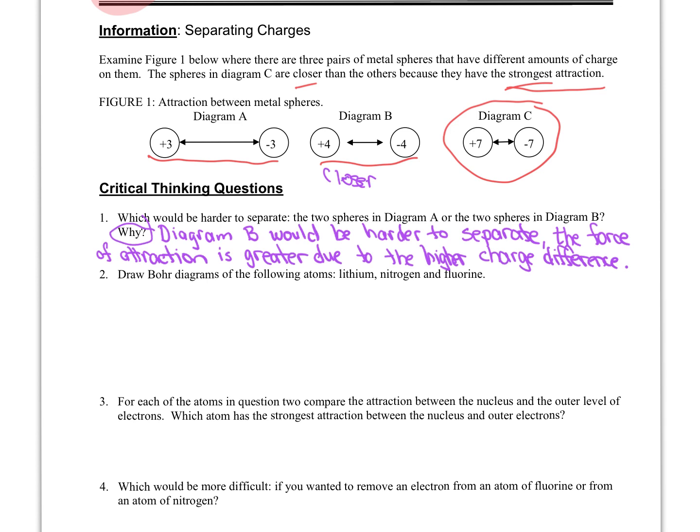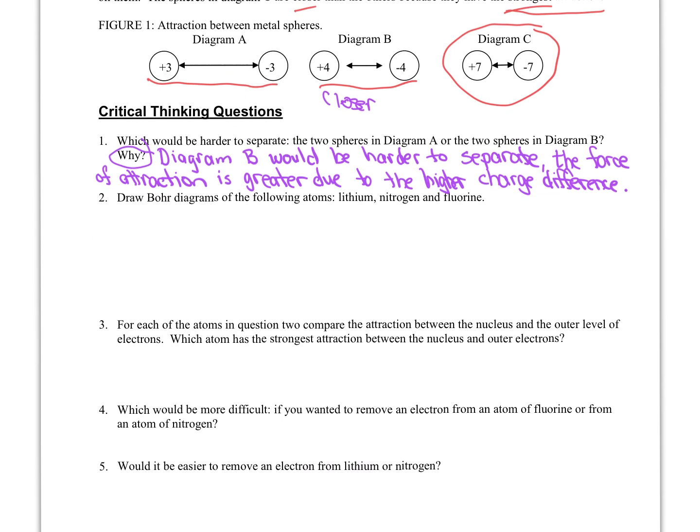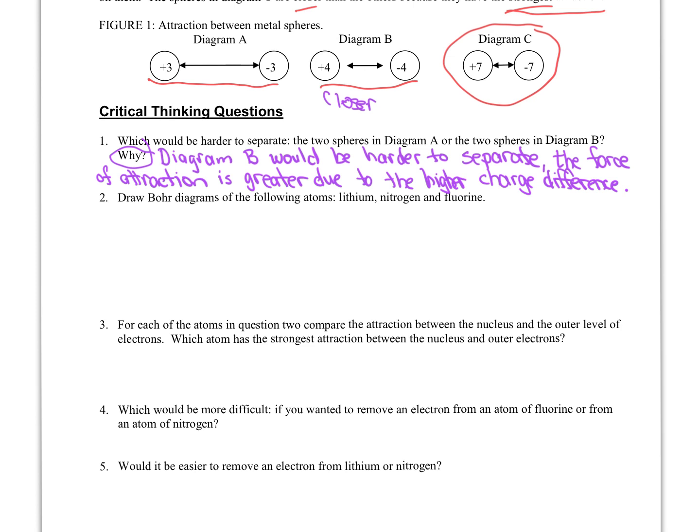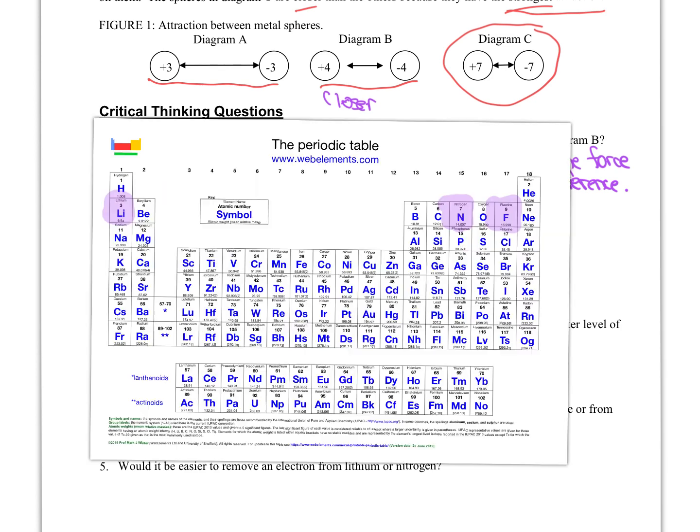All right, let's look at question number 2. It says draw Bohr diagrams for lithium, nitrogen, and fluorine. So we have 3 Bohr diagrams to draw. The first thing you have to do is go to the periodic table and find out how many electrons these elements have.